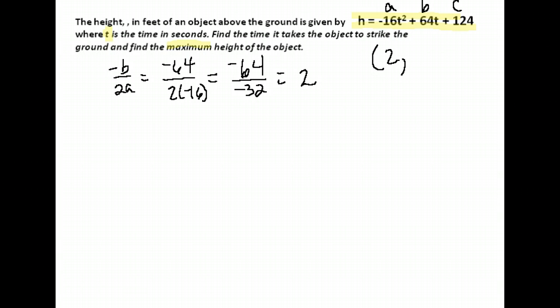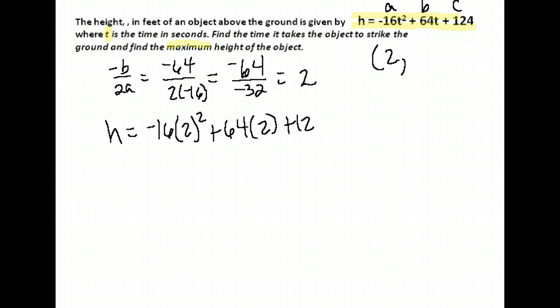To find the actual height, because that was our other coordinate, we need to plug that back into the function. So our height would be negative 16 times 2 squared plus 64 times 2 plus 124. Again, use order of operations very carefully. You square the 2 first. 2 squared is 4, and then you multiply by the negative 16.